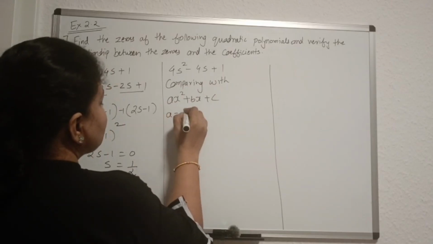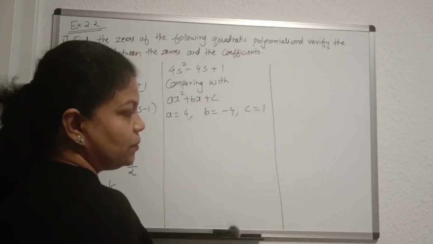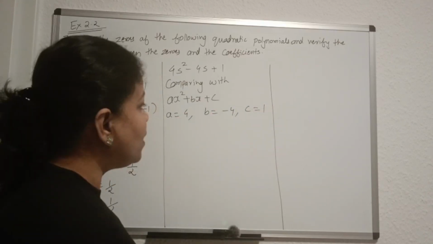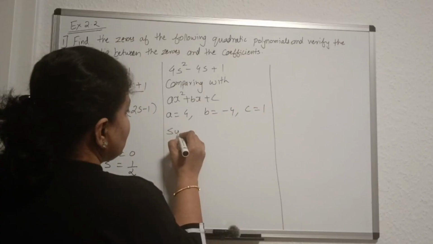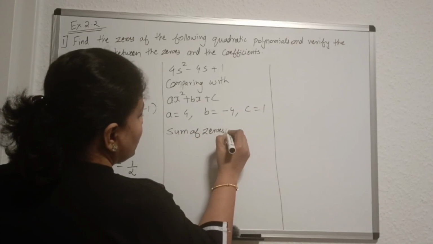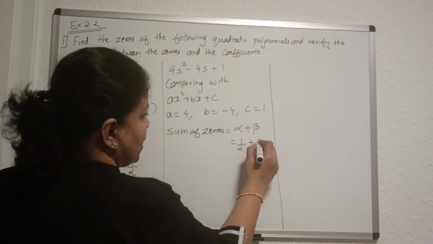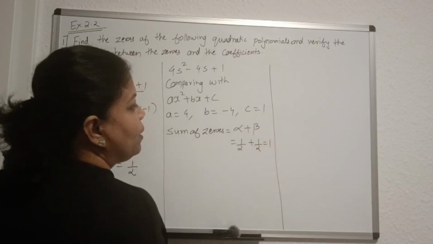We get a as 4, we get b as minus 4 and c as 1. Okay. So first relation that we have to find is sum of zeros, where it will be alpha plus beta, that is half plus half will be coming 1.